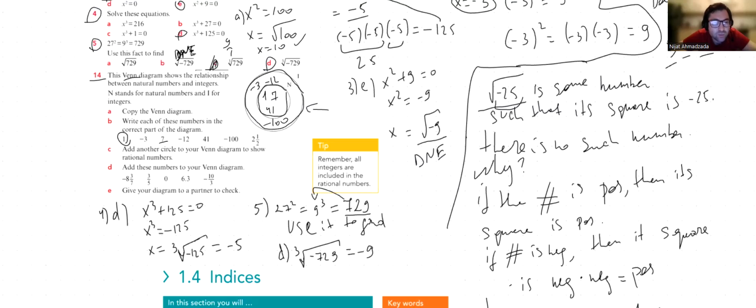And 2 and 1 over 2, so it's 2.5. It's neither natural nor an integer because it's not a whole number. So it's in neither this circle nor the bigger circle.